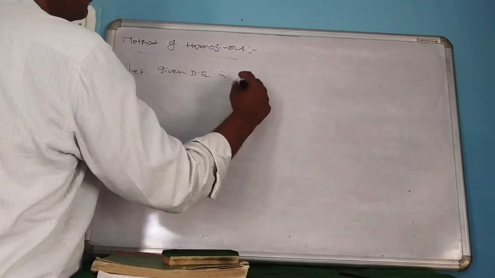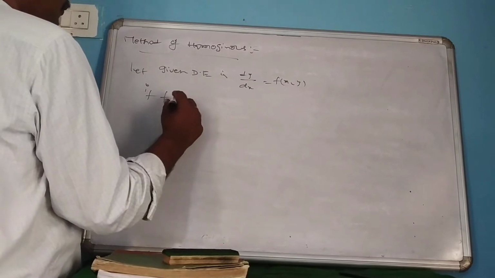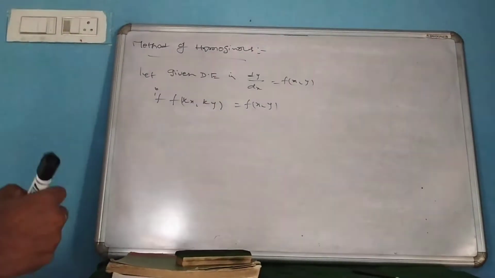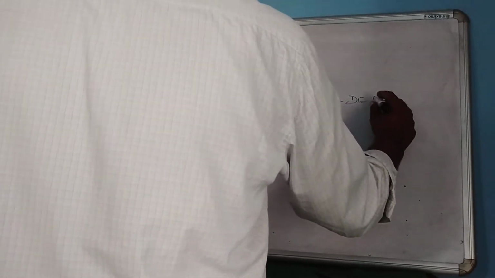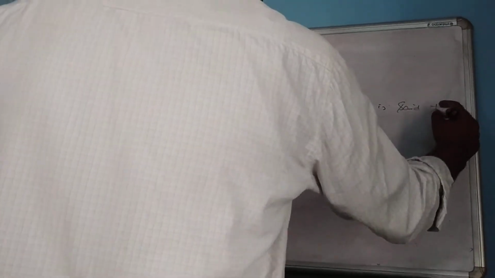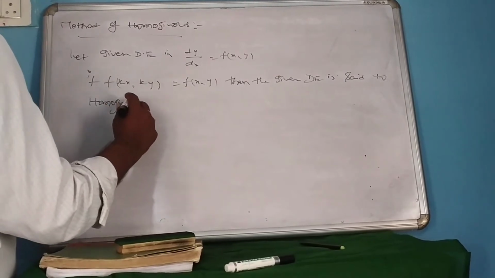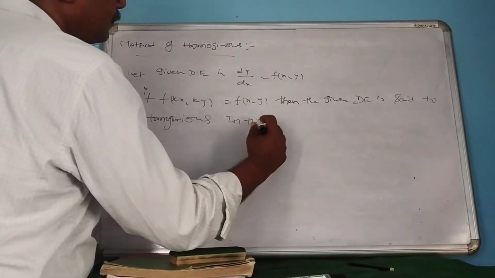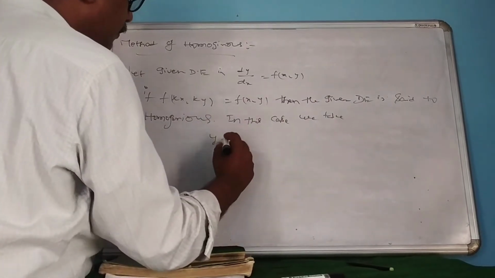If dy by dx is equal to f of x, y, and f of kx, ky is equal to f of x, y, then the given differential equation is said to be homogeneous. In this case, we take y is equal to vx.